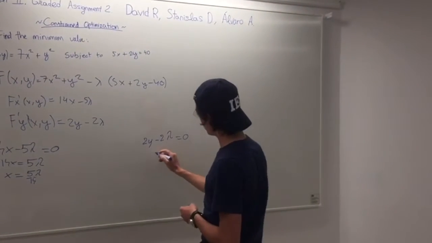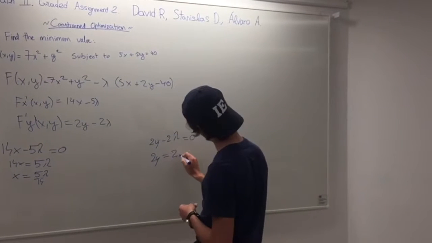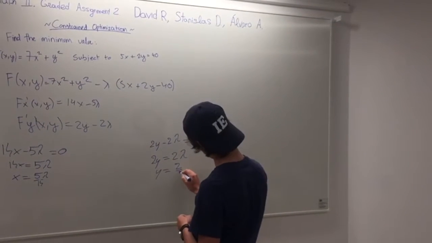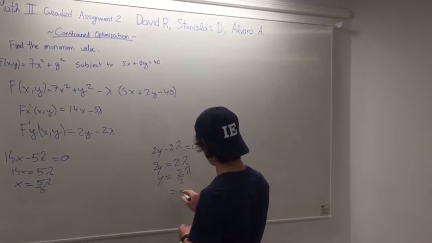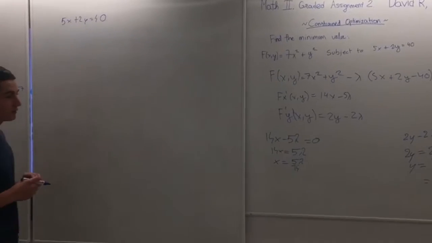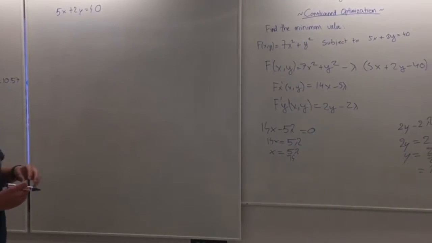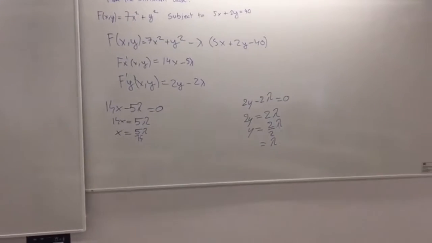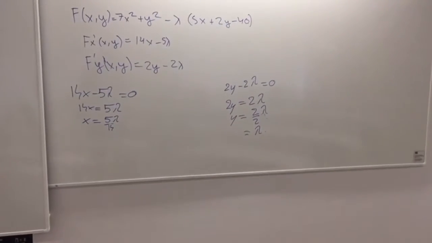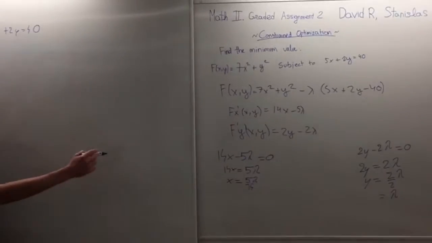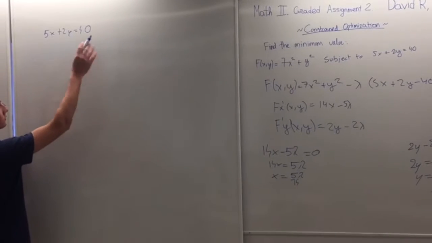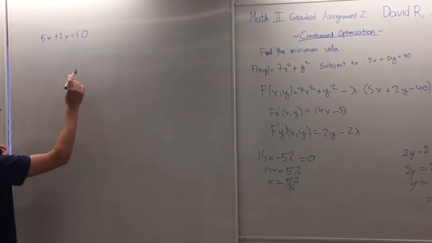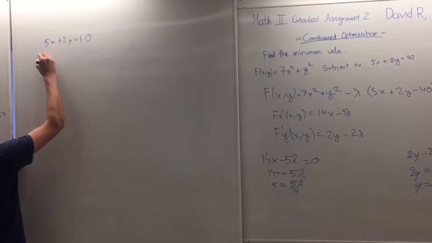And for y, we're going to have 2y equals 2 lambda, and y is equal to 2 over 2 lambda, which is y equal to lambda. So now that we have x and y in terms of lambda, we're going to substitute this result in our constraint equation.